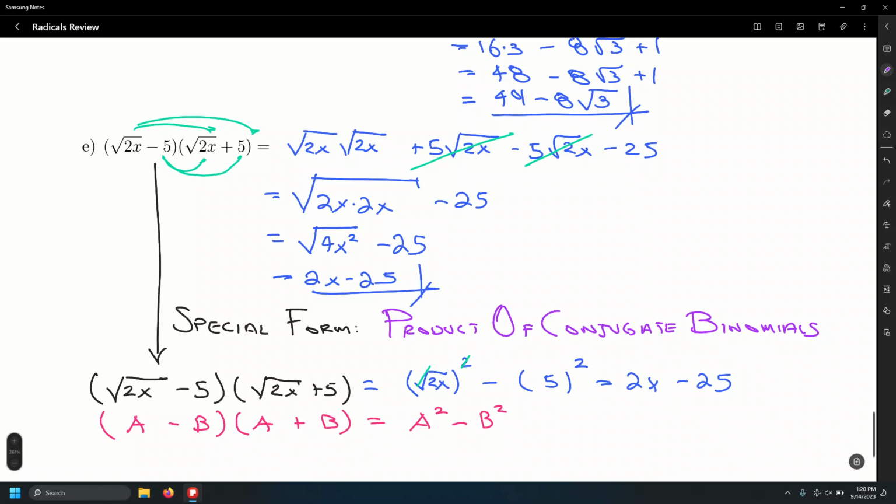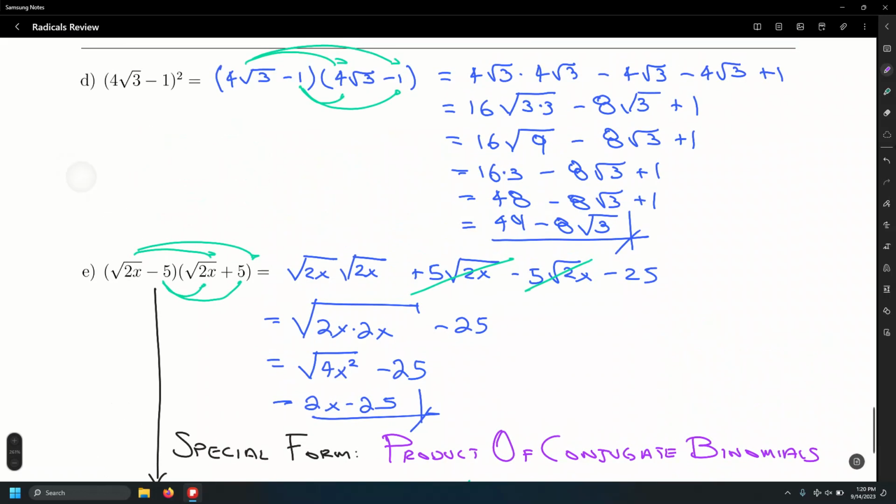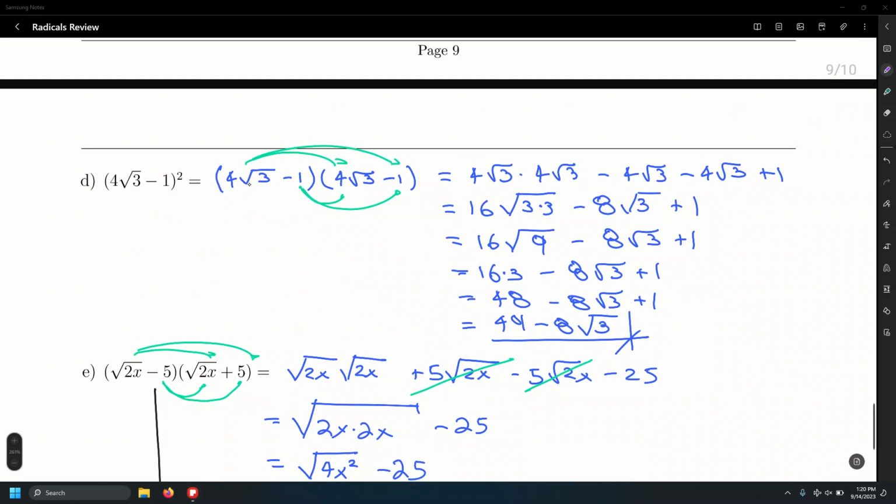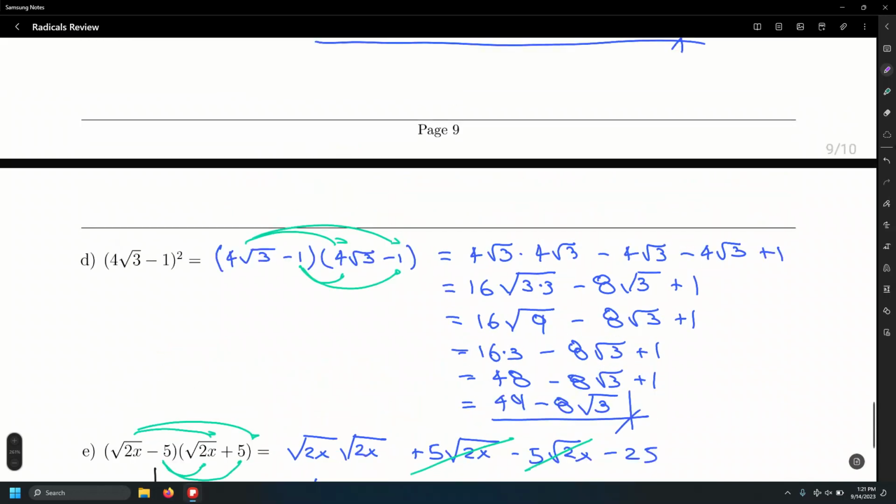However, you might want to verify why it doesn't work for the previous exercise. If you try to do that, well, this one is not a product of conjugates. Although we have the same a and the same b, they're both separated by a negative sign. If one of them were positive, then you can do the product of conjugate binomials by using, in a way, the reverse of the difference of squares.